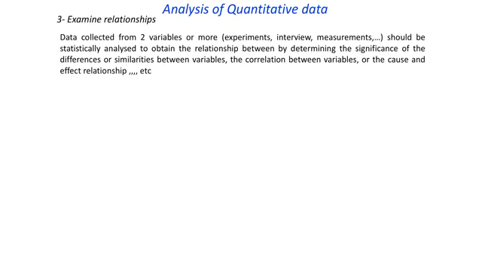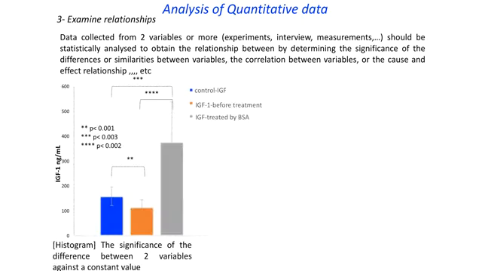You also can analyze your quantitative data by showing a relationship between variables. For example, this is a standard value, and this is the first variable, this is the second variable, and this figure shows how the first variable was significantly lower than the standard value, while the second variable was significantly higher than the standard value.